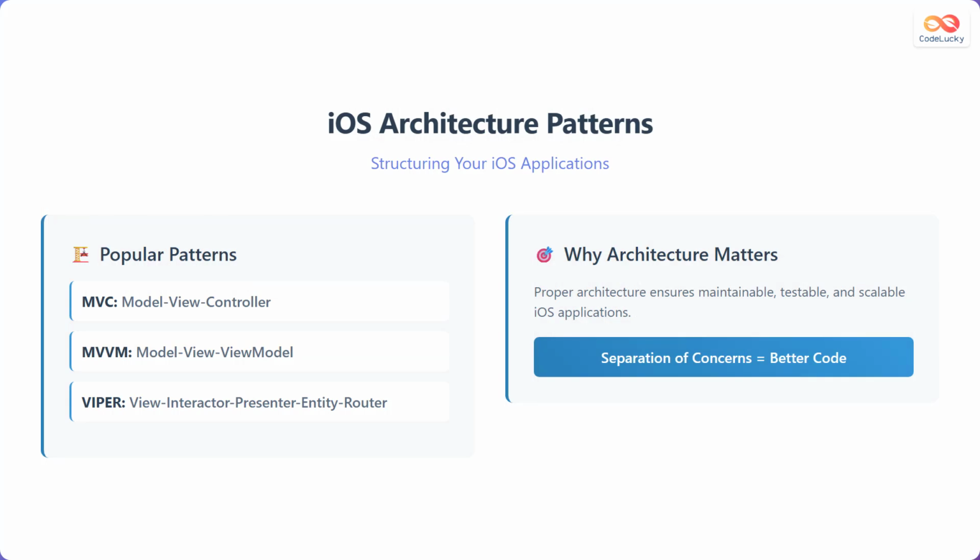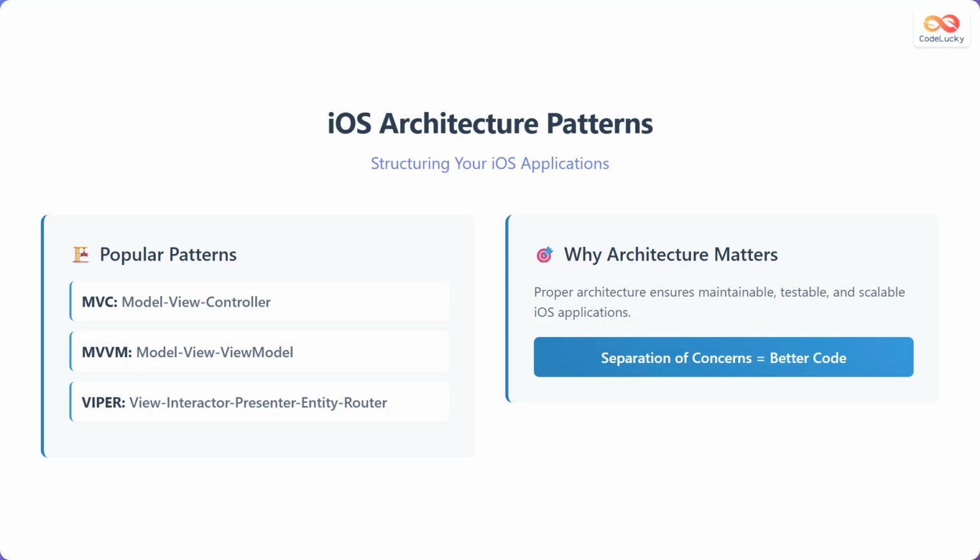iOS architecture patterns provide structured approaches to organizing your code for maintainability, testability, and scalability. The three most popular patterns are MVC, MVVM, and VIPER. MVC, or Model View Controller, separates data, user interface, and business logic into distinct layers. MVVM, or Model View ViewModel, adds a view model layer to handle presentation logic and data binding.